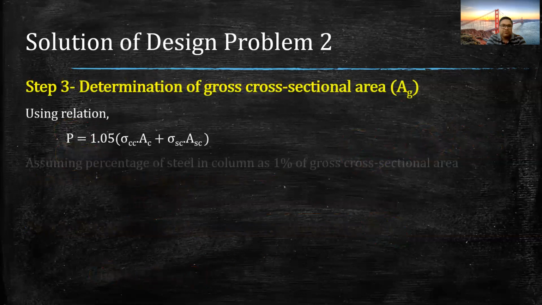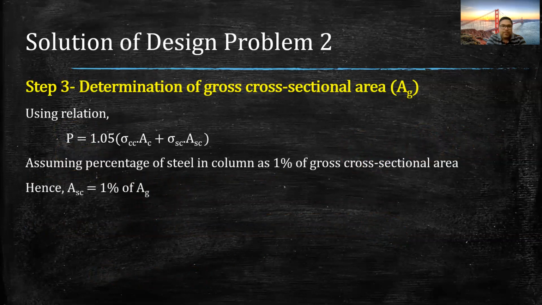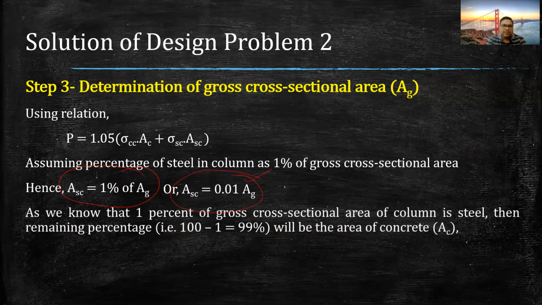That we will try to find out. This is what I have explained: we assume that ASC is 1% of AG, and we can write this in this form also. And similarly, for concrete, it will be 0.99 AG.